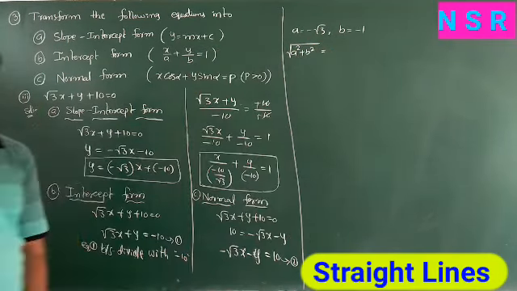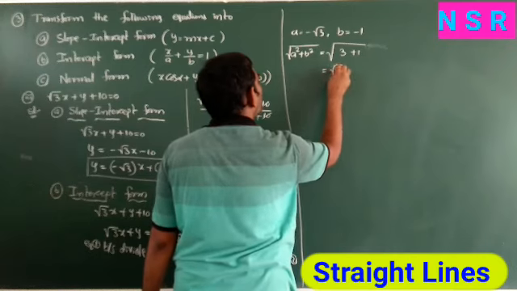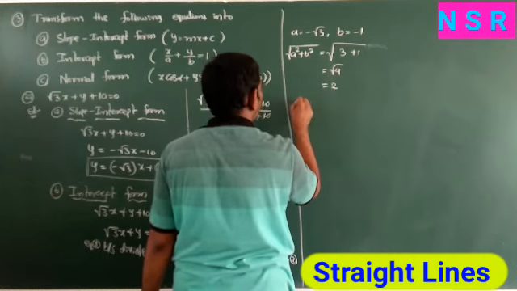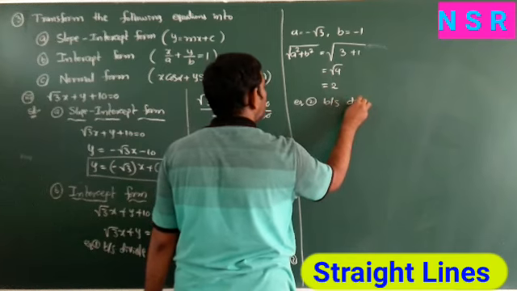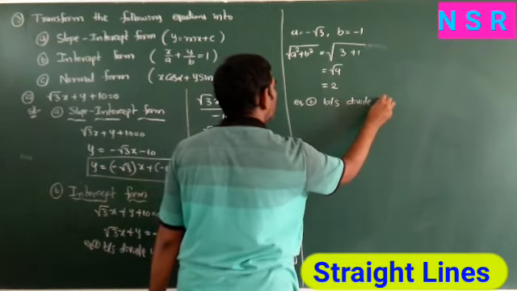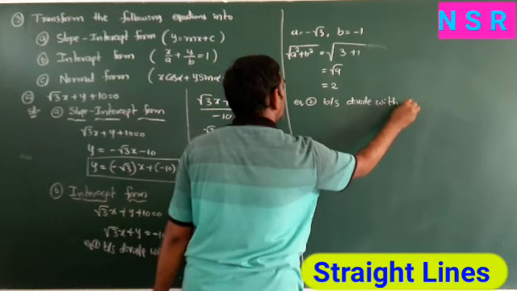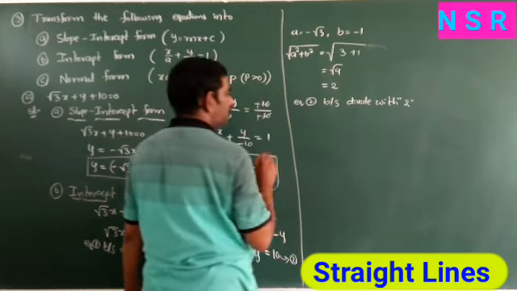Now find the square root of a square plus b square. So square root of minus root 3 square is 3, minus 1 square is 1, 3 plus 1 is 4. So root 4 value is 2. In equation 2, divide both sides by 2, that is by root a square plus b square value.